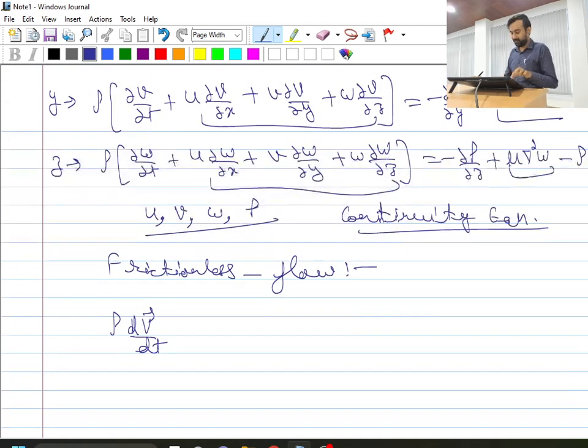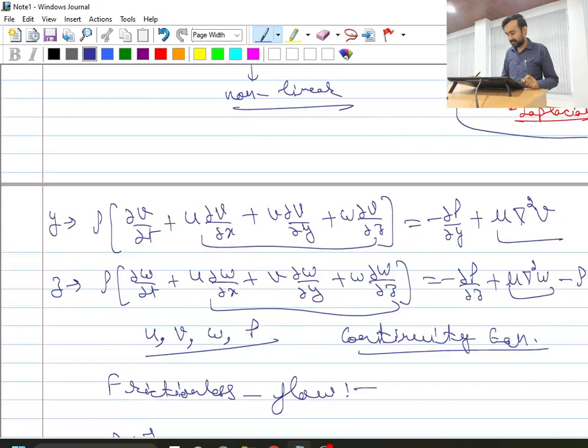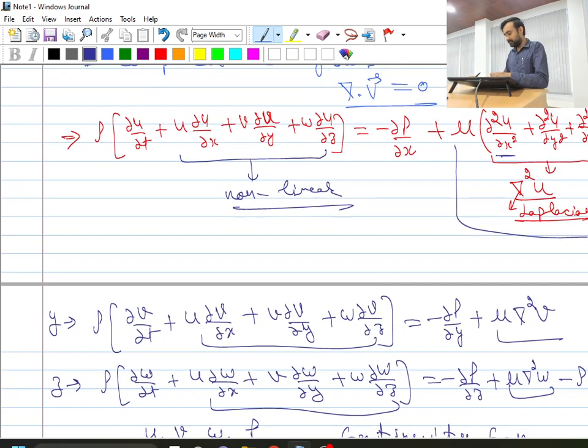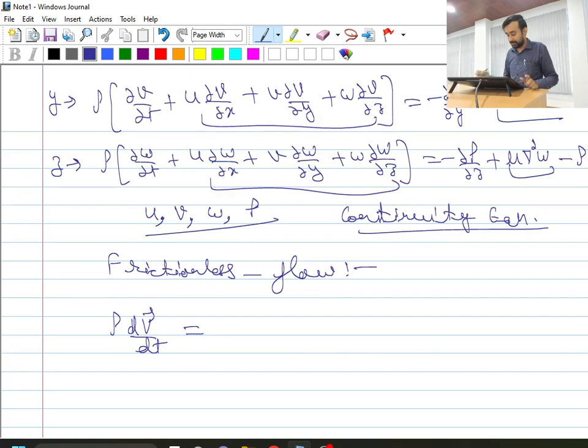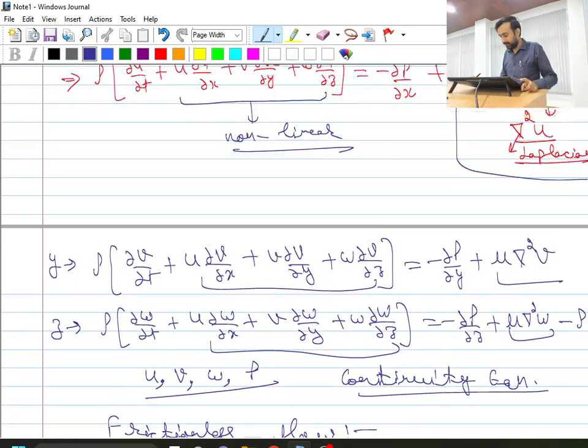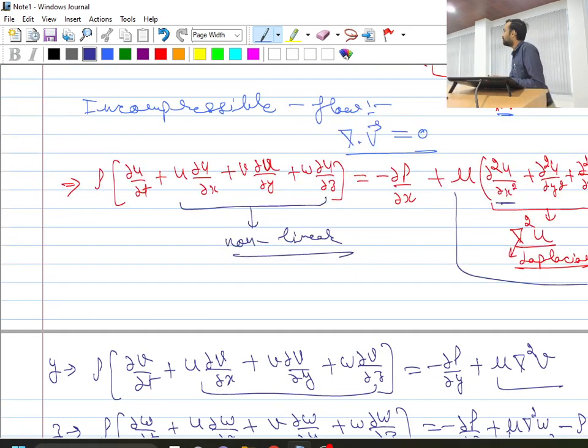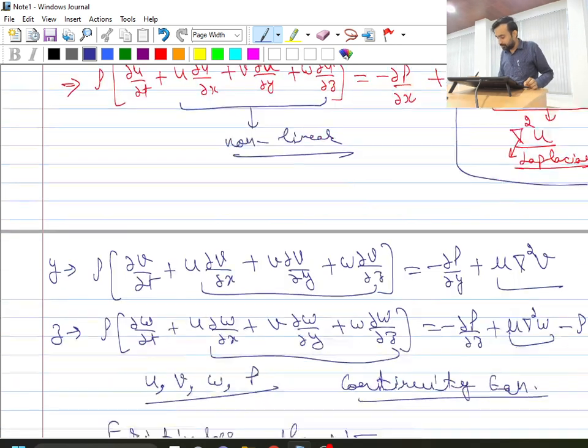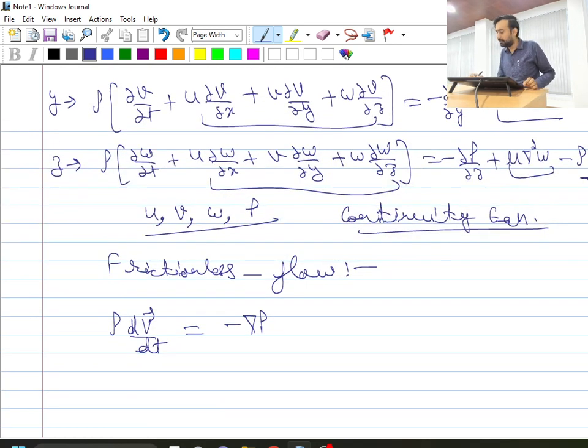These three together can be written as rho times dv vector by dt equal to, now this and this, del p by del x, del p by del y and del p by del z, all together in vector form can be written as the gradient of pressure. And then these viscous terms become 0 for frictionless flow. So ultimately my only remaining term is minus rho g into k cap.